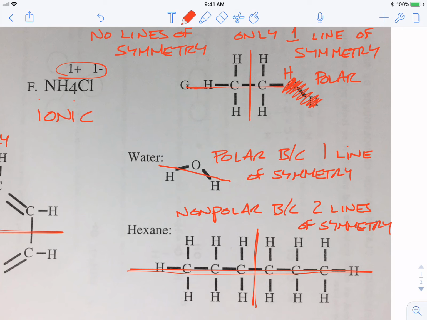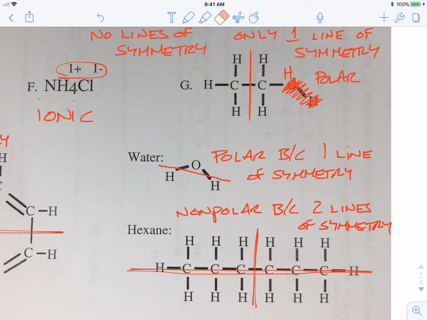Part of the ethanol molecule is polar, so it's definitely polar how it's written and what the structure is. But if we had the right-hand side covered up, then all of a sudden it starts to look like hexane, which is nonpolar.